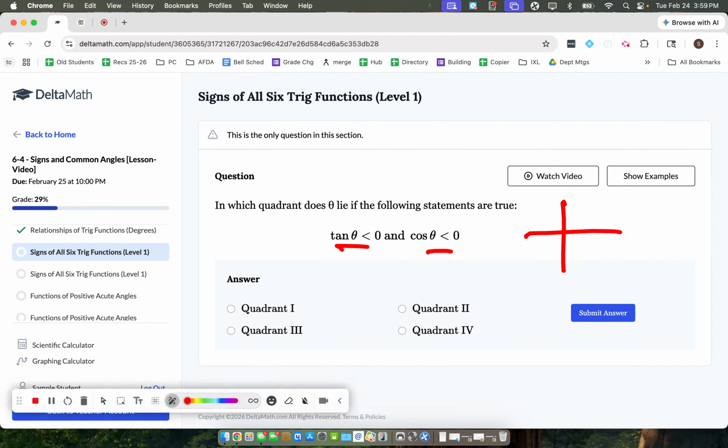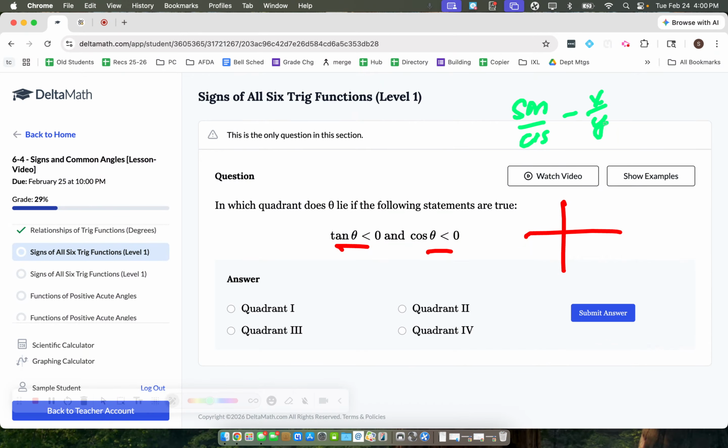Well, let's do tan is negative where? Tan is a combination of, it's a fraction, a ratio made of x and y, right? Sine over cosine, x over y. And these are both positive. When these are both positive, tan is positive here.